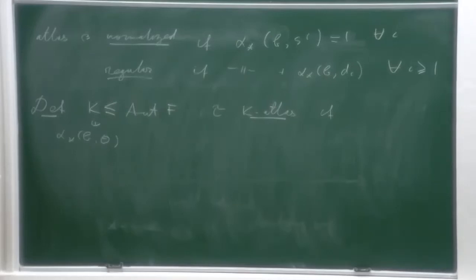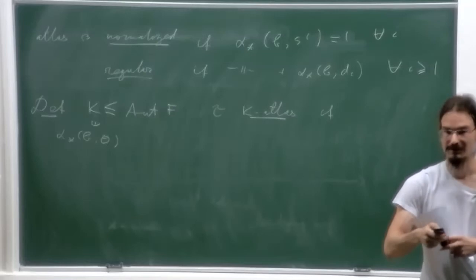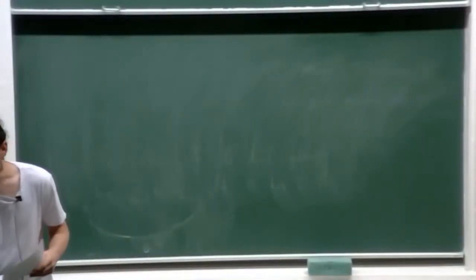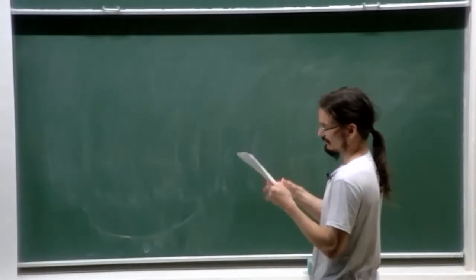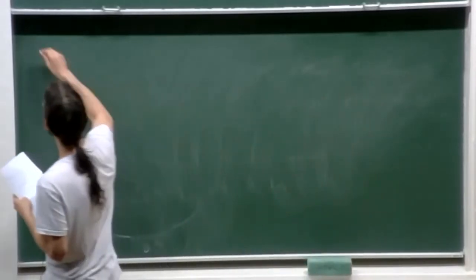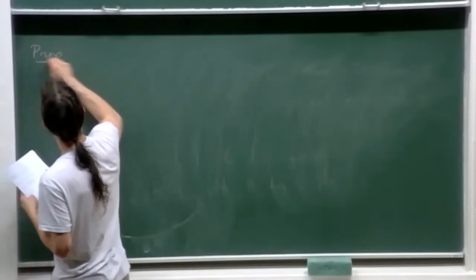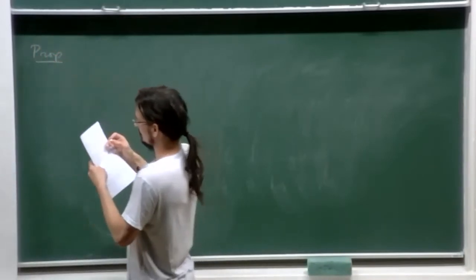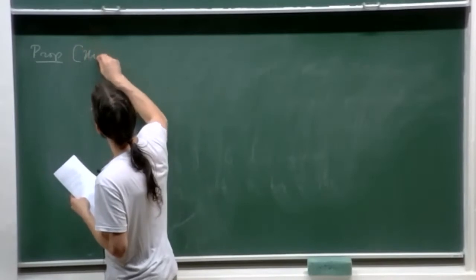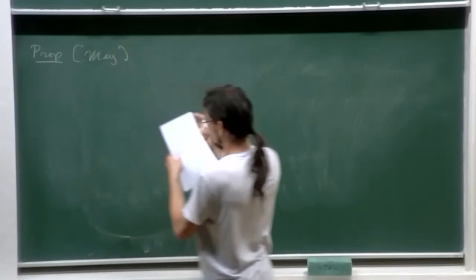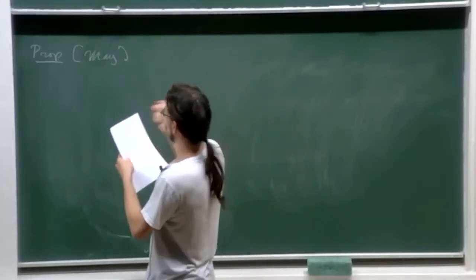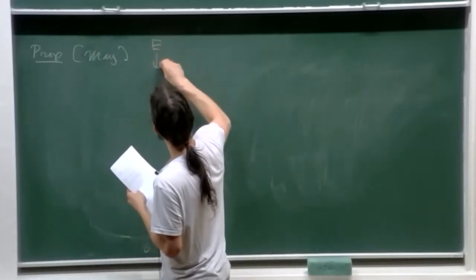This is going to be important because, similarly to the topological case, you actually want to know what the atlas looks like so that you can say when it is a tau atlas. So the proposition here, which is still in May, is that you're given a simplicial principal K bundle.